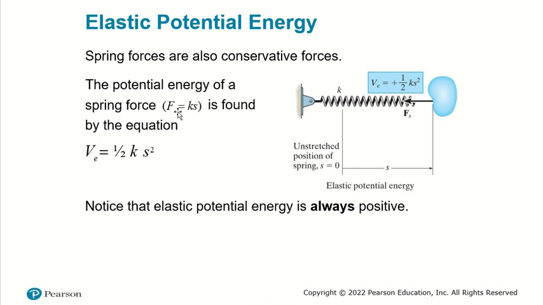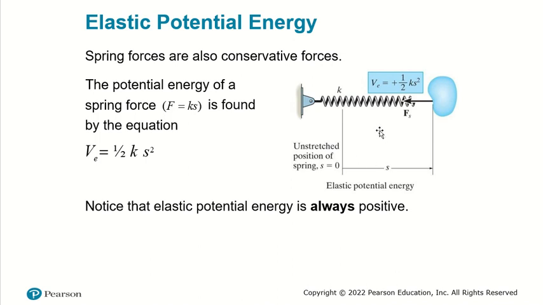All right, elastic potential energy. Spring forces are also conservative forces. So for the potential energy of the spring force, we're dealing with k_s for the spring force, and it's found by this equation we always use. Potential energy is equal to 1/2 times the spring constant times the position squared, which is this.